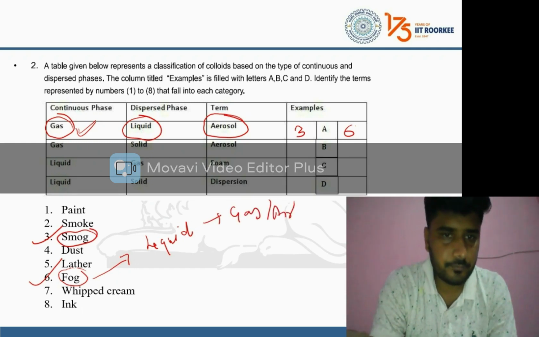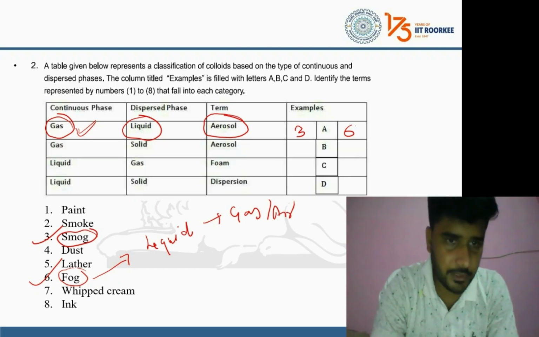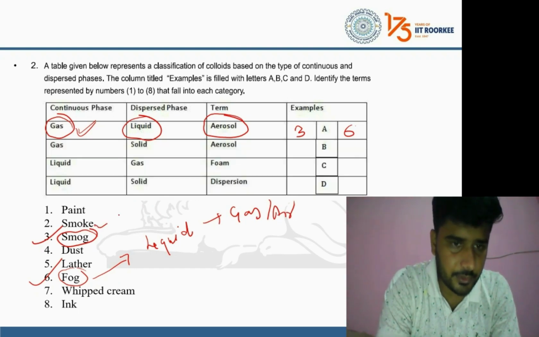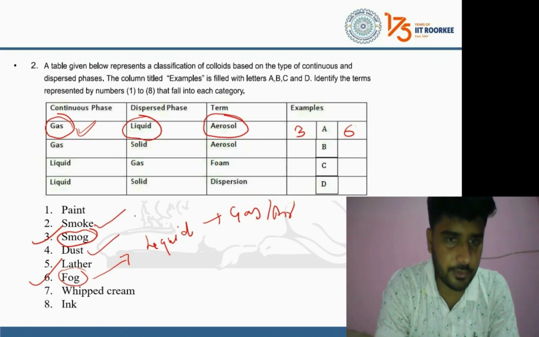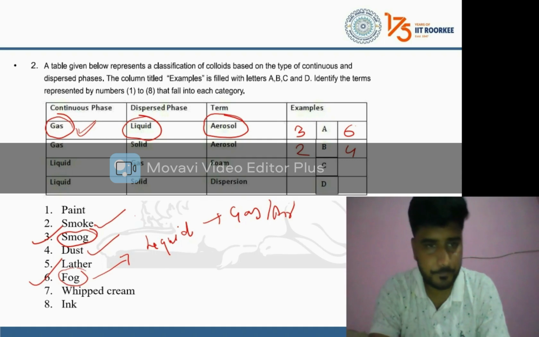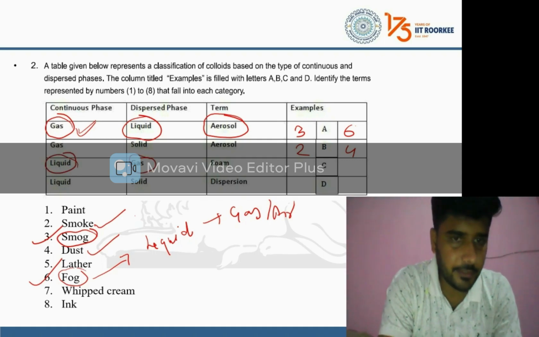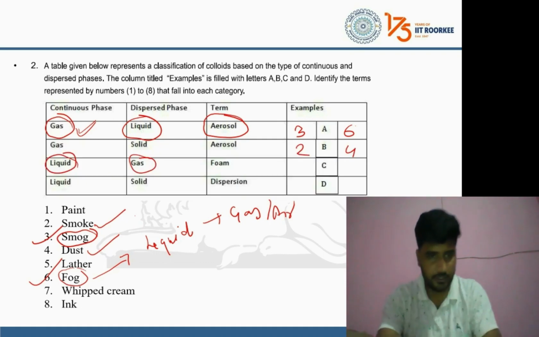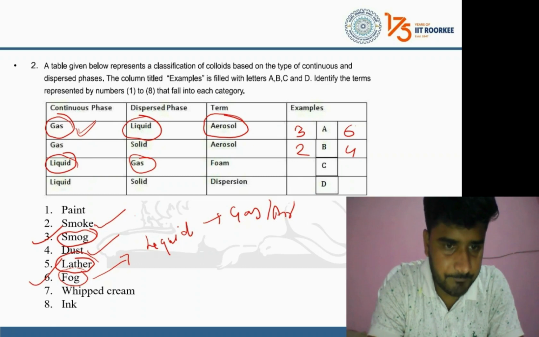Similarly, for solid and gas, you have to select the options. Here they are smoke and dust, because the solid particles are dispersed in the gas. So you have to write 2 and 4. Similarly, for gas as the dispersed phase and continuous phase liquid, you have to select another option: leather, you can say, and the whipped cream.